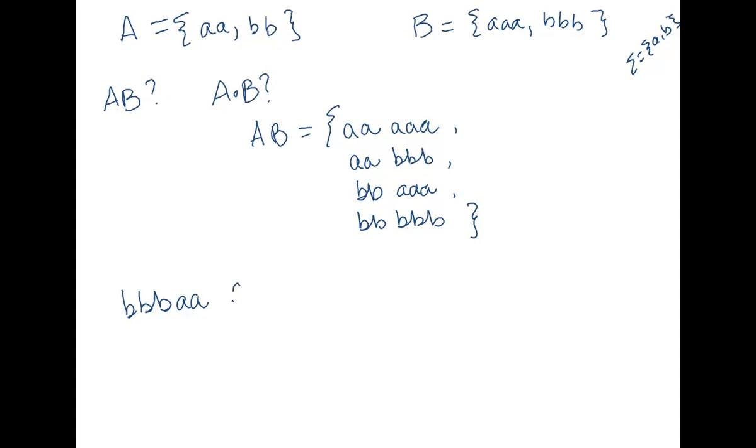Is this string an element of the language AB? Well, we can look at our list and see that it's not listed there, or we can ask, how would we have constructed this string? Well, this part of the string is an element of B, and this part of the string is an element of A. So we see here that this string is actually an element of the language BA, but it is not an element of the language AB.